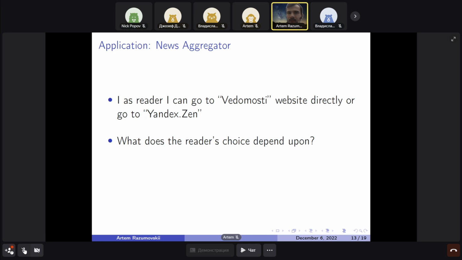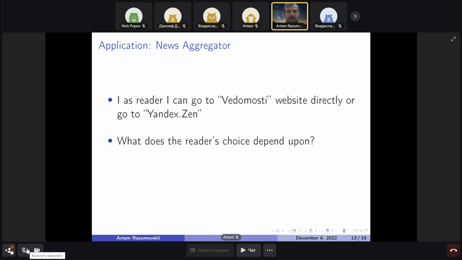Well, Yandex.Zen will collect just the titles and short summaries. So if you would like to read the article fully, you will then need to click and go to Ведомости, right? And if you initially want to read just Ведомости, you will go to Ведомости.